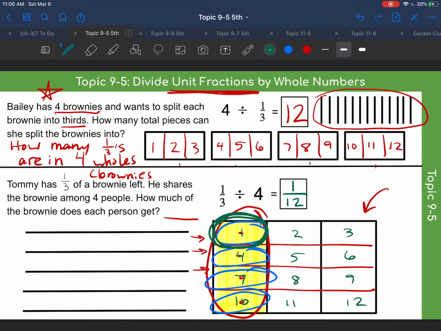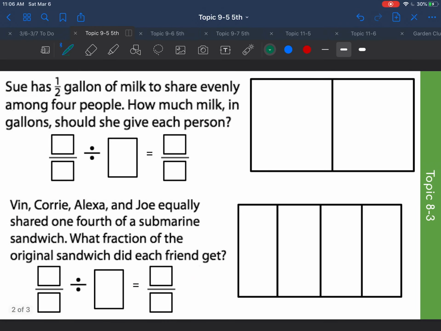All right, so that's how we model dividing a unit fraction by a whole number. We're going to do some more examples of that. So let's look at this one. It says Sue has half a gallon of milk to share evenly among 4 people. So how much milk in gallons should she give each person? So again, we set up our division problem with what we are dividing.